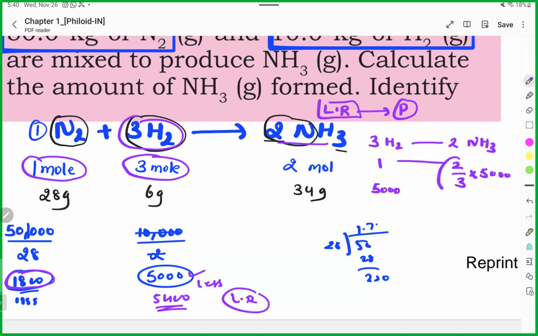So this is the number of moles of ammonia, but we need the amount, not moles. The formula to calculate moles is given weight divided by molar mass. To calculate the amount, multiply the number of moles by the mass. Moles you already have, 10,000 by 3, multiply by the molar mass of ammonia, 17. Understood now.